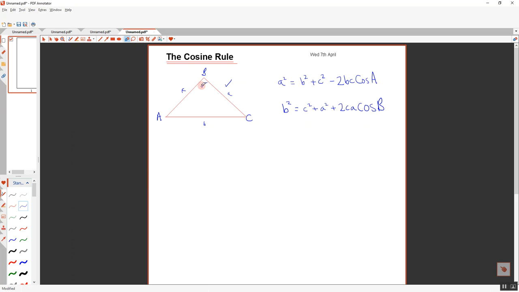And similarly, if I want to find c, I need to know b and a, two sides, and the angle in between.